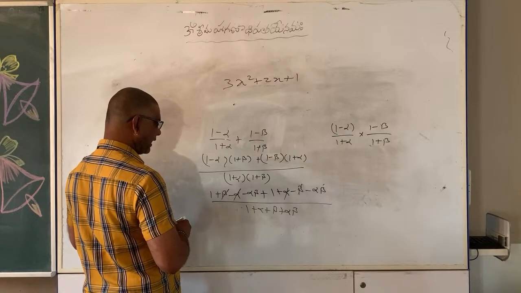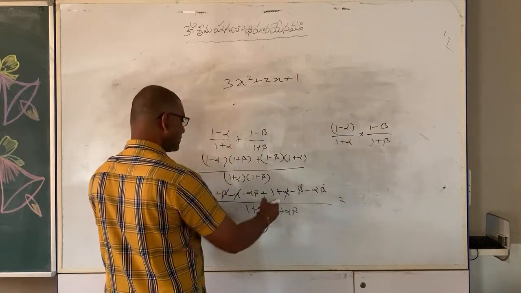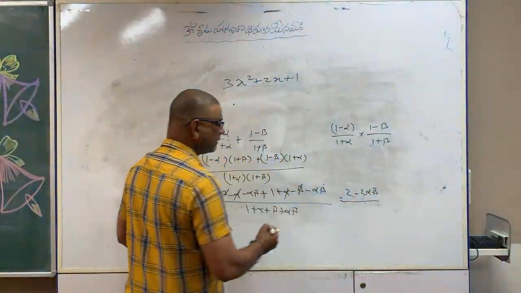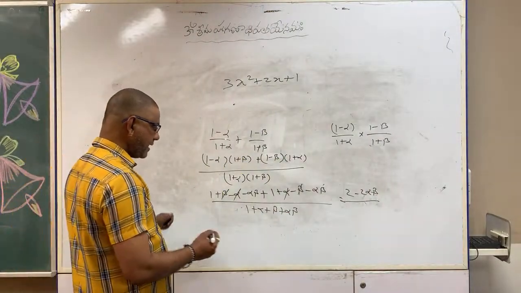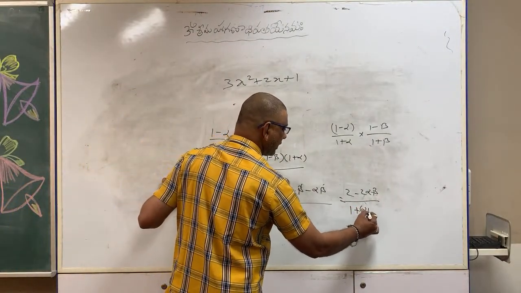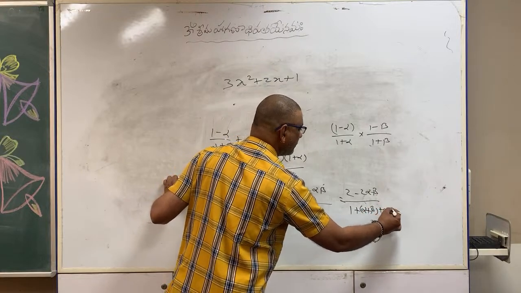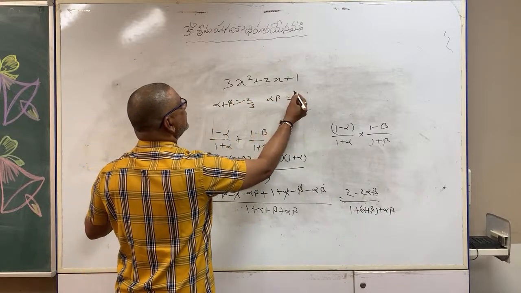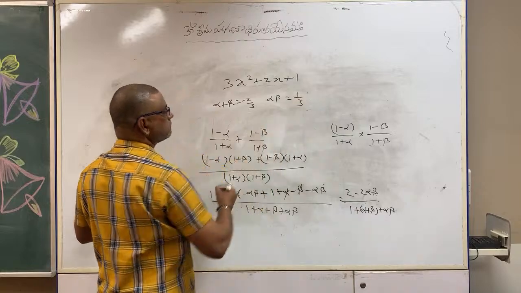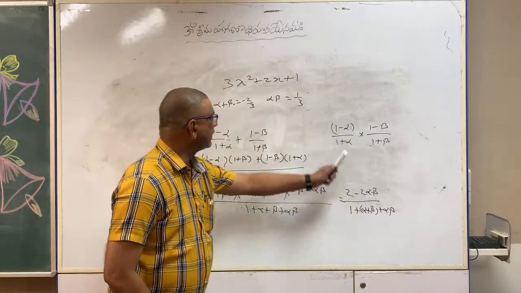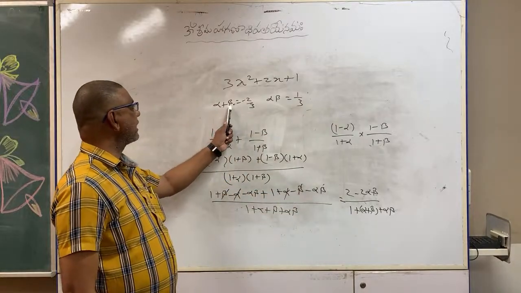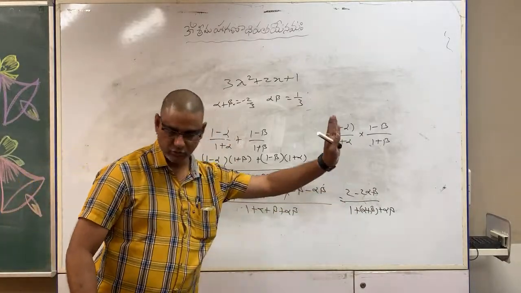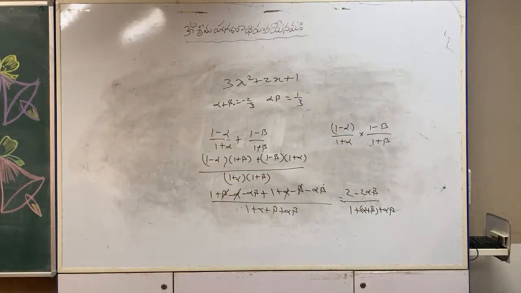So we are left with 1 plus 1, 2 minus alpha beta minus 2 alpha beta by 1 plus alpha plus beta plus alpha beta. We know alpha plus beta is minus 2 by 3, alpha beta is 1 by 3. So in the place of alpha beta you substitute 1 by 3, in the place of alpha plus beta you substitute minus 2 by 3, simple. Then you will get sum of zeros. This is a 5 marks question, children.